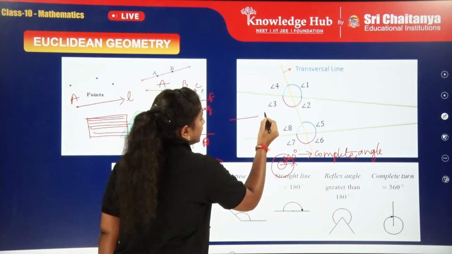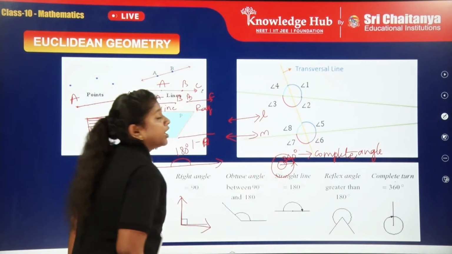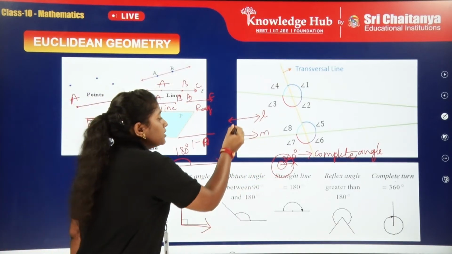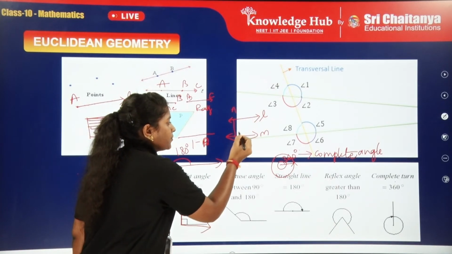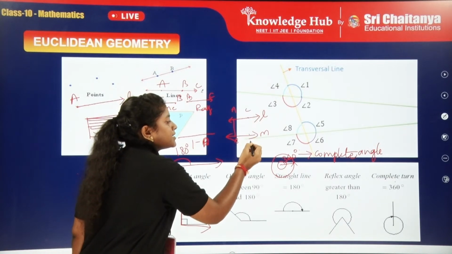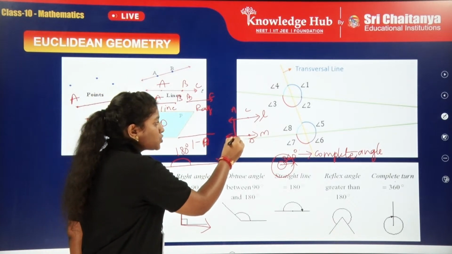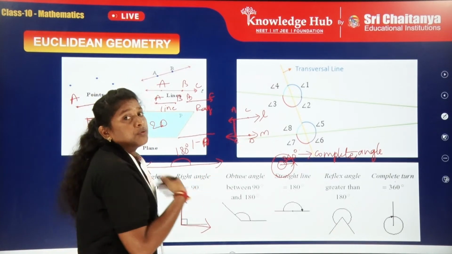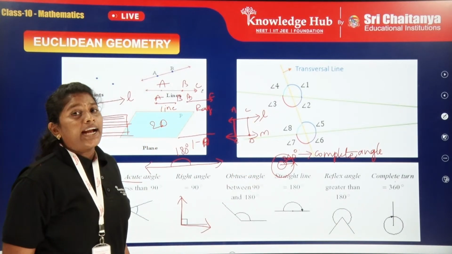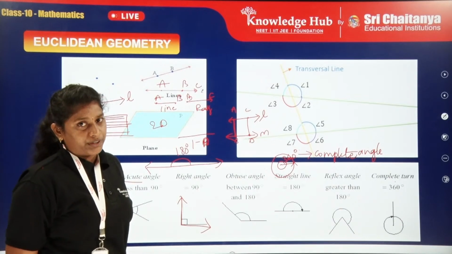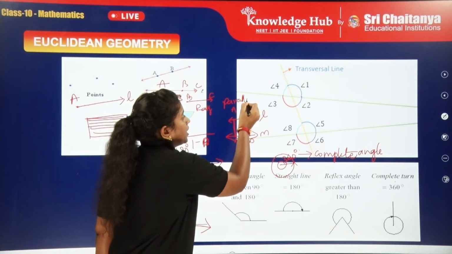So consider that I have my line L and my line M. If we observe here, just consider this is my point A and this is my point B, and this is my point C and this is my point D. Whatever distance we have between these two lines at points A and B, we are going to have the same distance at C and D also, and they are not going to intersect at any point. Those lines are called parallel lines.